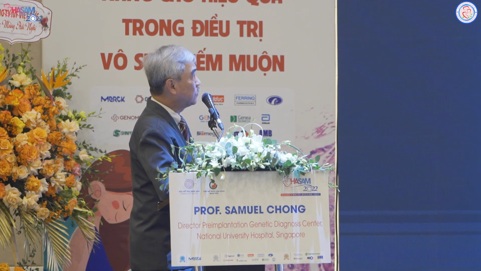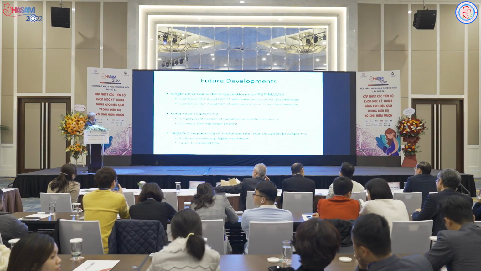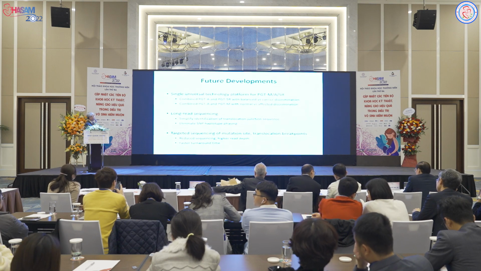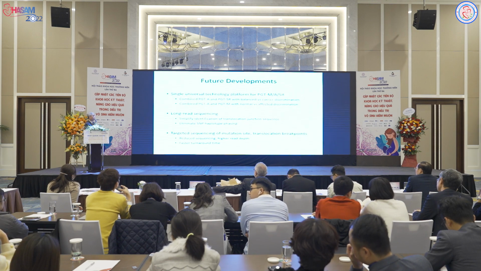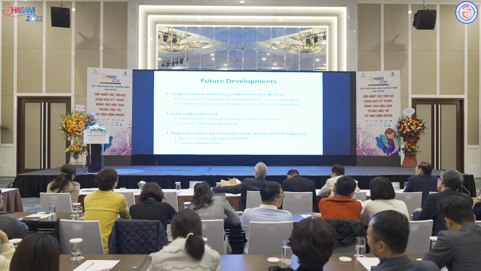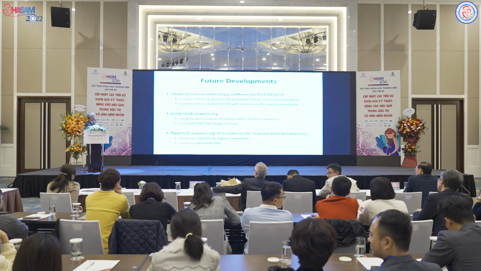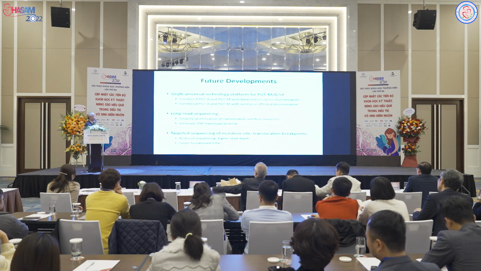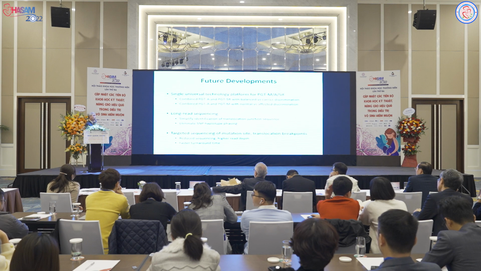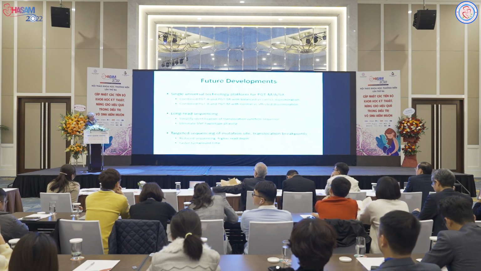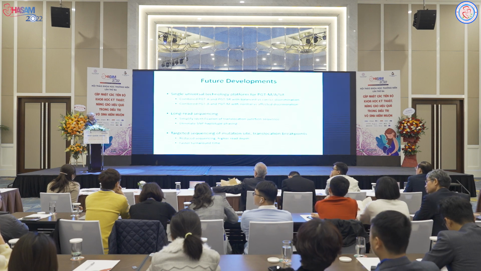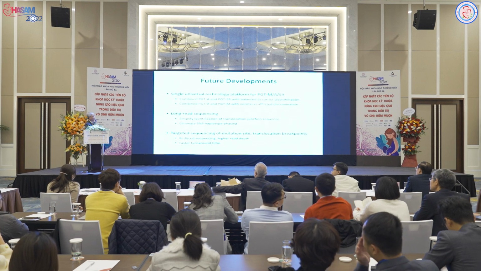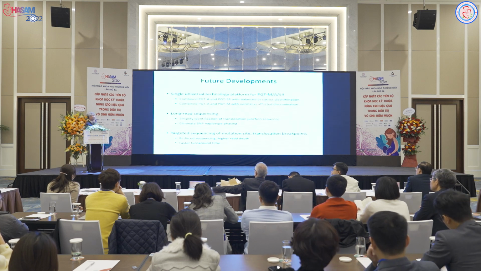So in terms of future developments, and this is probably my last slide, I see that as it is already, things are moving towards single technology platforms for PGT-M, A, and SR, where you can have combined PGT-A and SR with the ability to detect and discriminate between balanced and normal carriers. Or you can have combined PGT-A and M with the ability to discriminate between normal and affected embryos for single gene disorders.